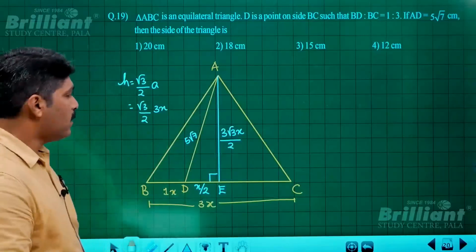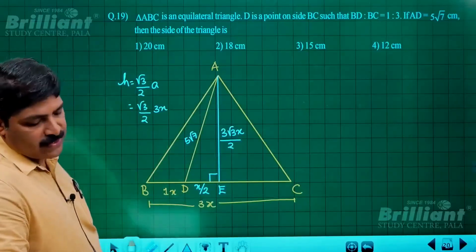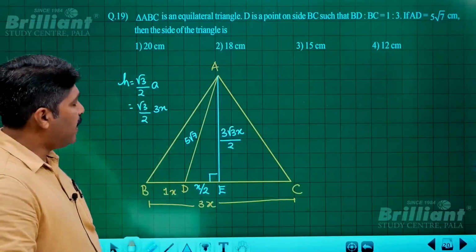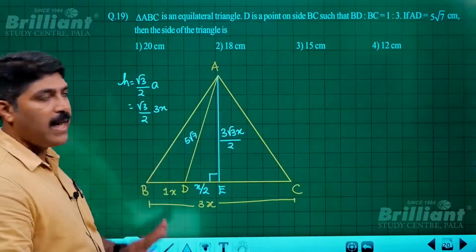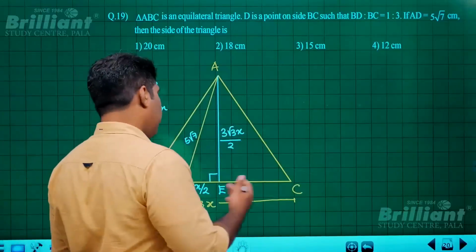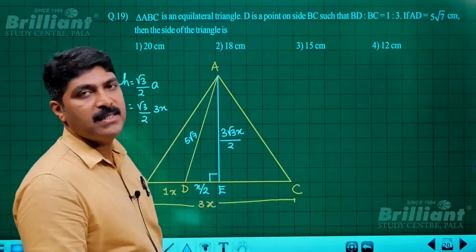So apply the Pythagoras theorem to find the value of x. That is base square plus altitude square is equal to hypotenuse square. Once you get the value of x, you simply find what is 3x.